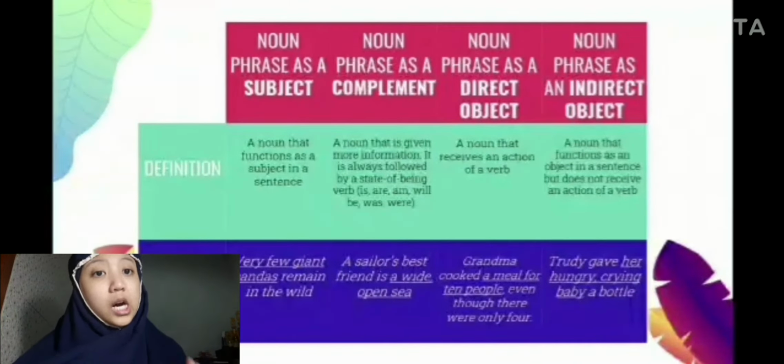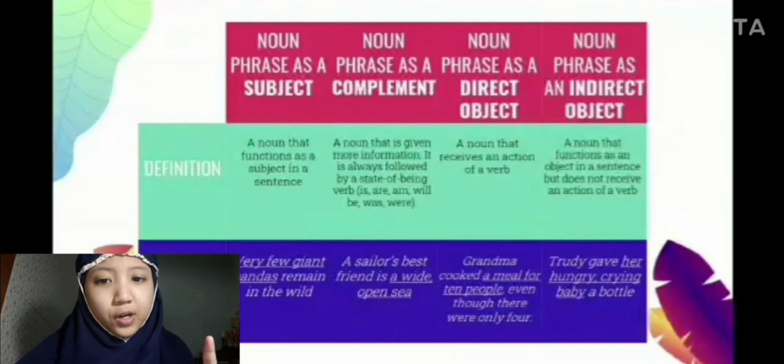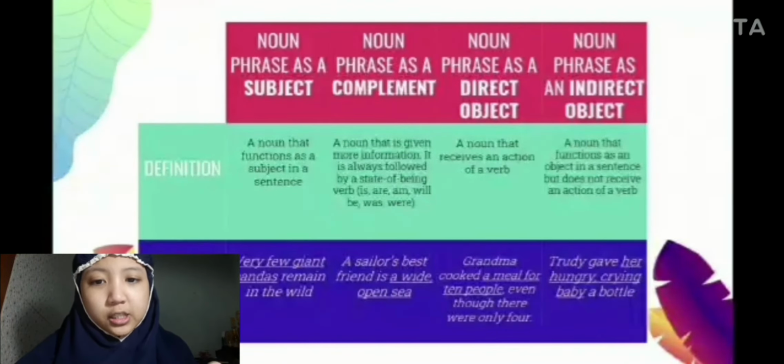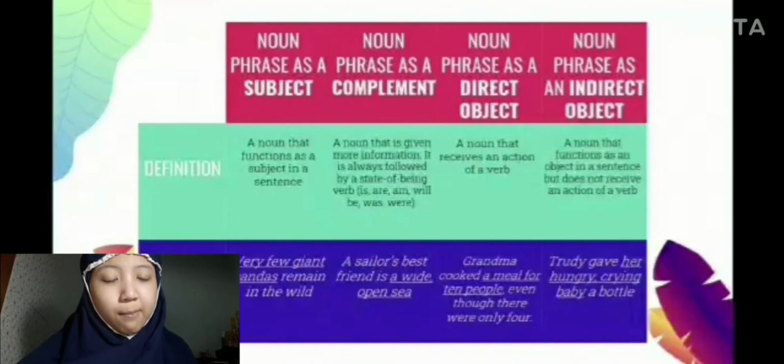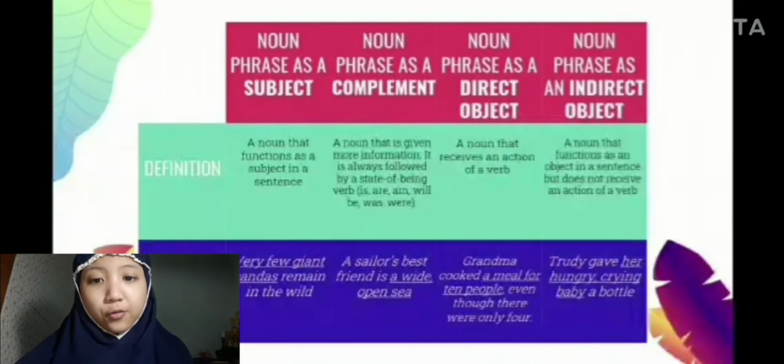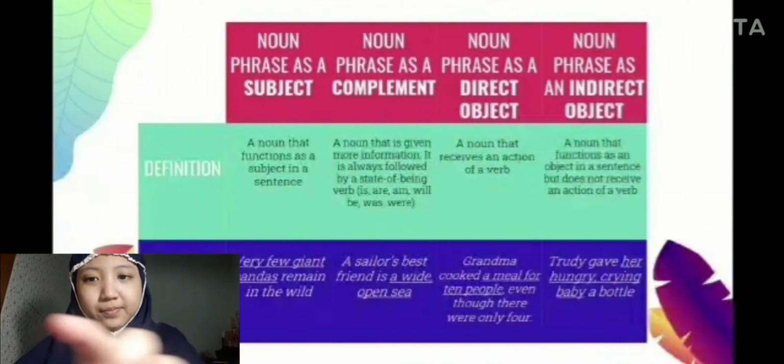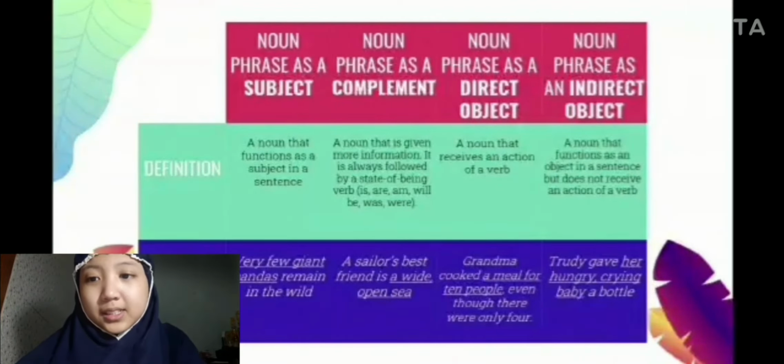For example, Trudy gave her hungry, crying baby a bottle. So the verb gives an action to the bottle, right? Trudy gave her hungry, crying baby a bottle. So here the noun phrase is her hungry, crying baby, and it is an indirect object.